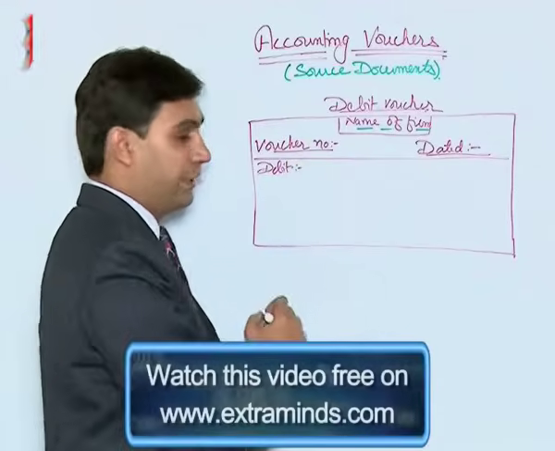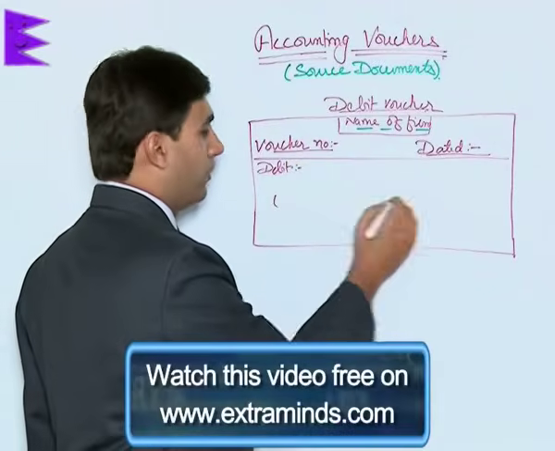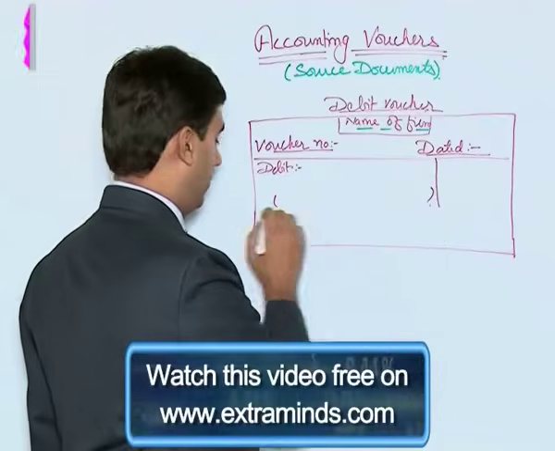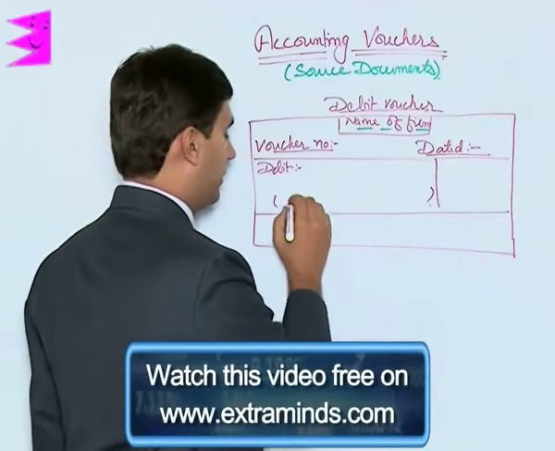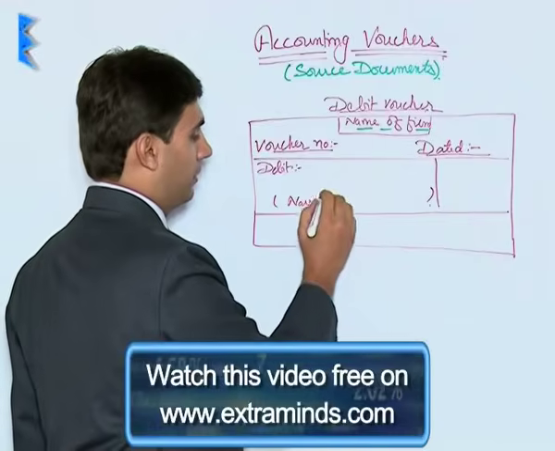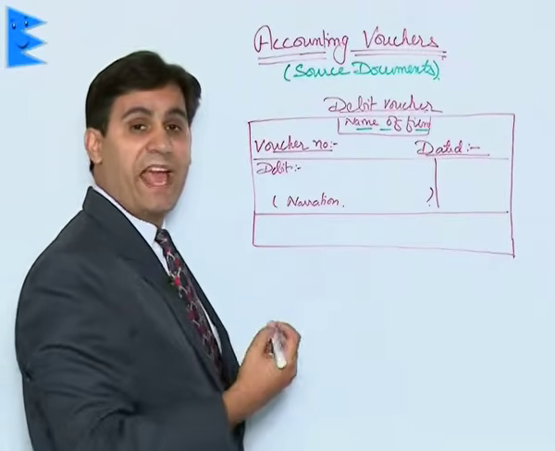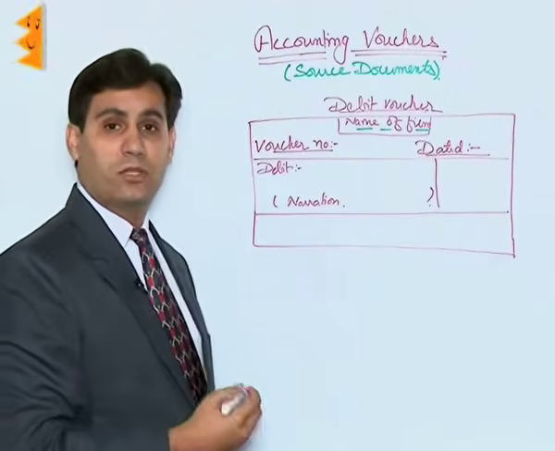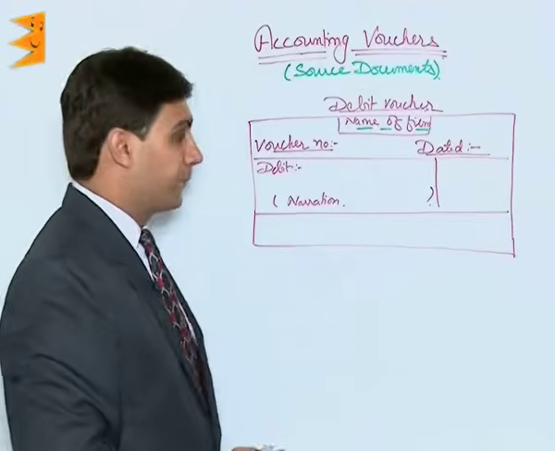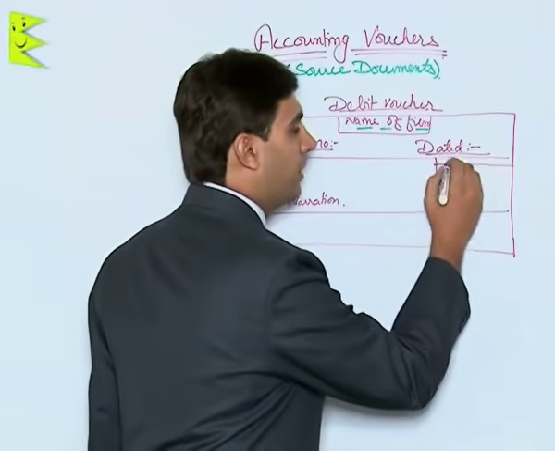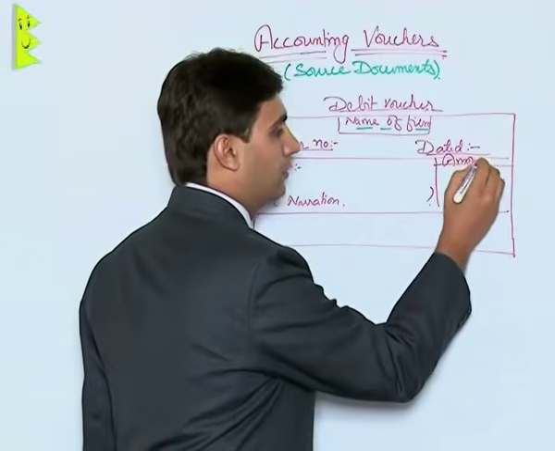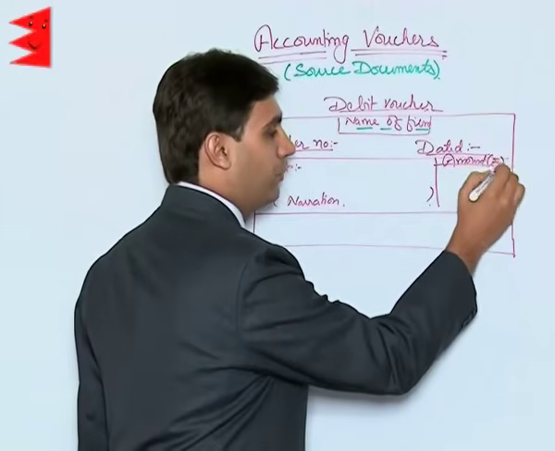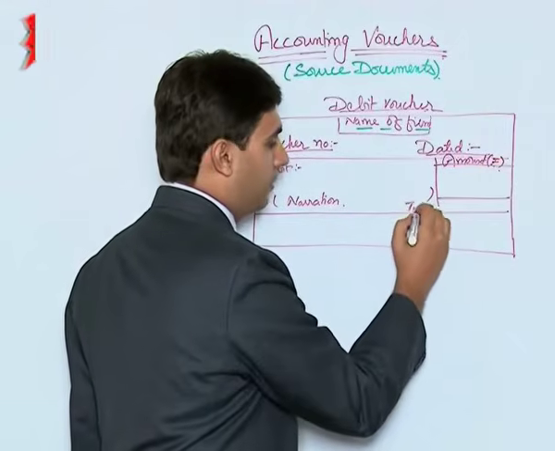Which account to be debited? With certain narration. This is the narration part. By narration we mean the explanation of that transaction. Why this voucher was prepared. Over here we write the amount in rupees and this is the total.